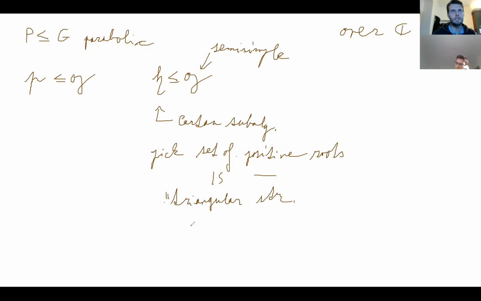What it means is that it gives you a splitting of G into n minus plus H plus n plus. You realize this Cartan subalgebra as diagonal in a basis adapted to this splitting, and these n's will be just lower and upper triangular algebras.